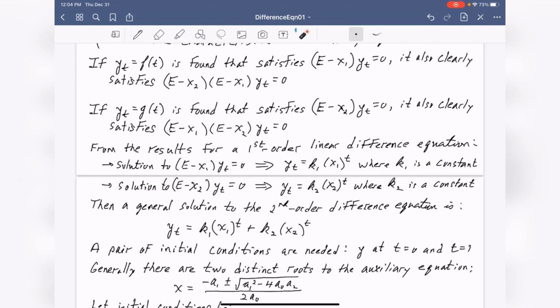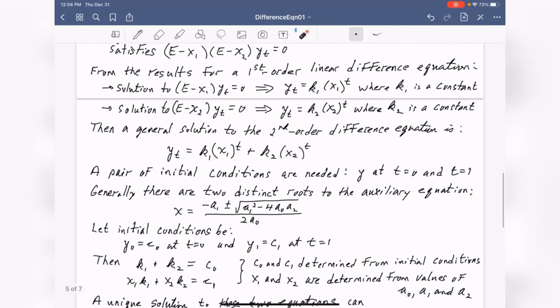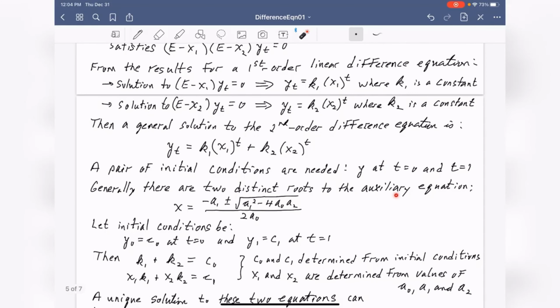Generally, there are two distinct roots to the auxiliary equation, and it's given by our quadratic formula: x equals minus a1 plus or minus the square root of a1 squared minus 4 a0 a2, divided by 2 a0. You'll just have to review that quadratic formula if you're unclear about that.